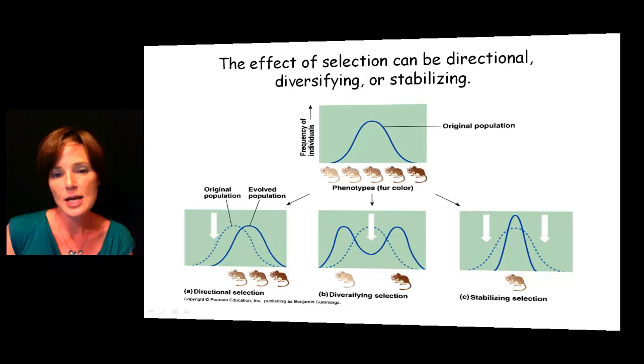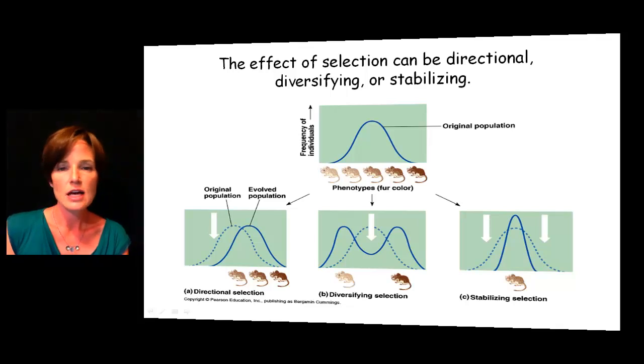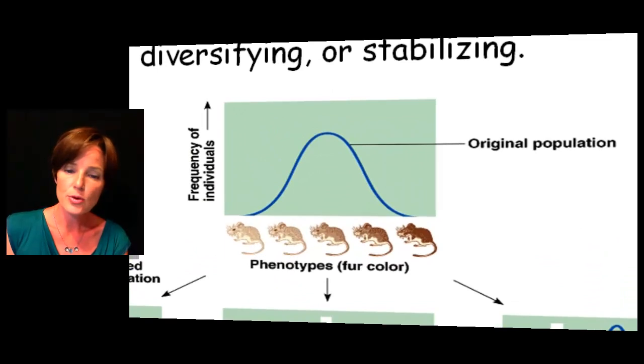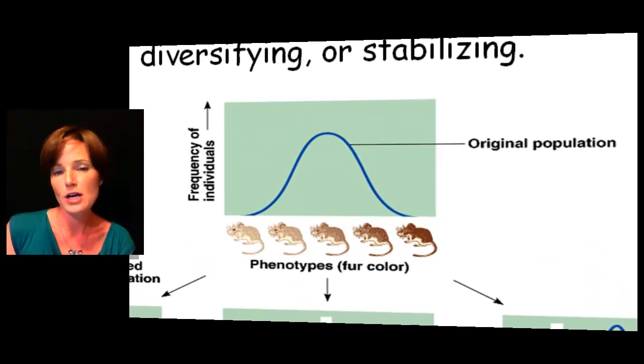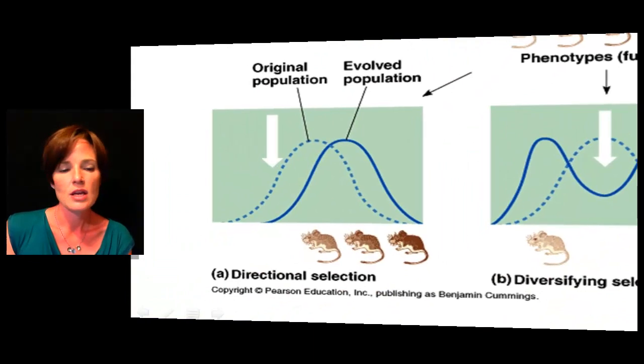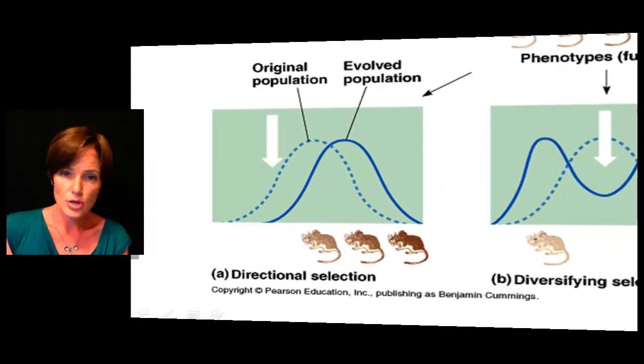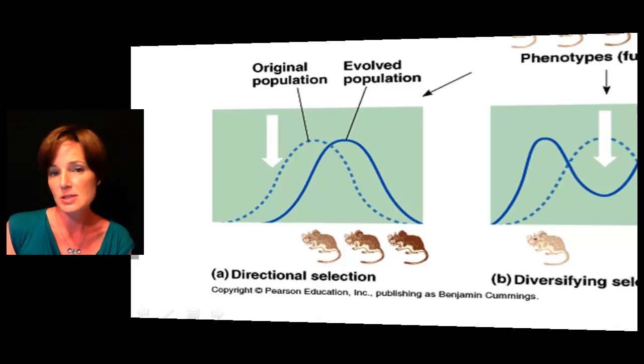Let's look at some different types of natural selection. Natural selection can be directional, diversifying, or stabilizing. So if we start with the population that you see here on the top, that's our original population. Notice that we have a lot of different fur colors in these mice. Directional selection, what that's going to do is it's going to select for one end of the spectrum.